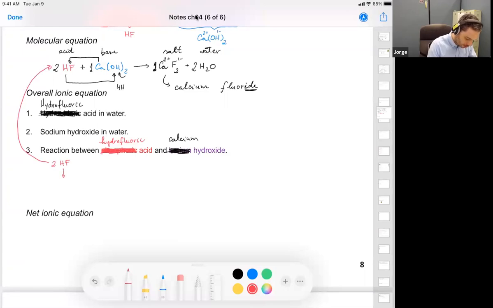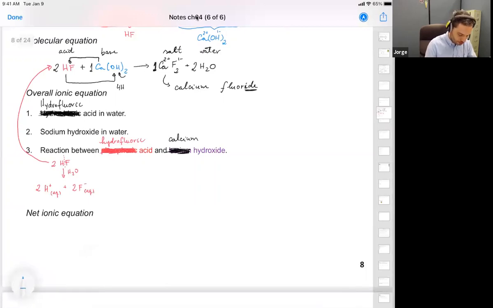So let's dissolve the 2 HFs in water, so that will split up the bond between hydrogen and fluoride, producing H plus AQ and F minus AQ. We started with 2, therefore we have to end up with 2.